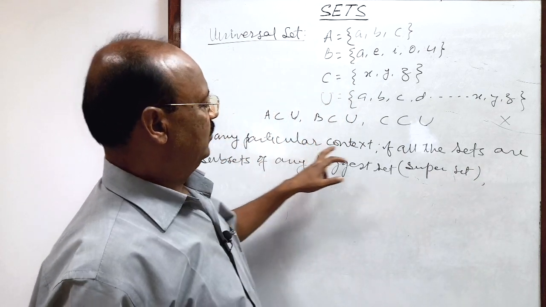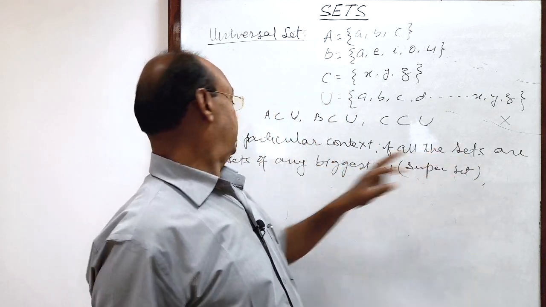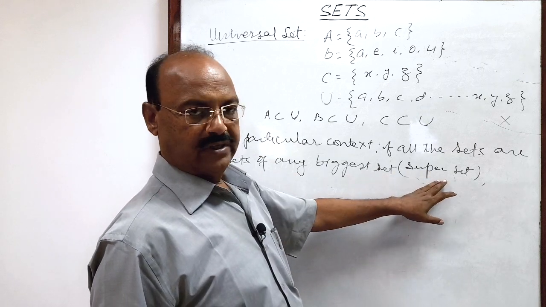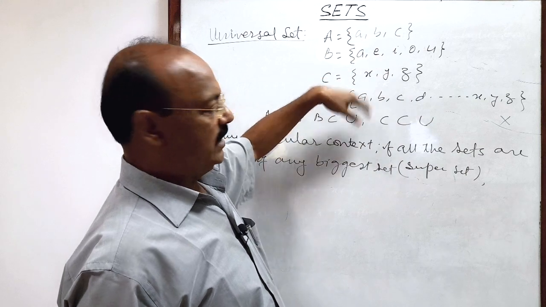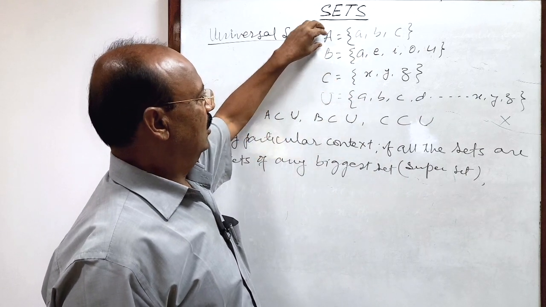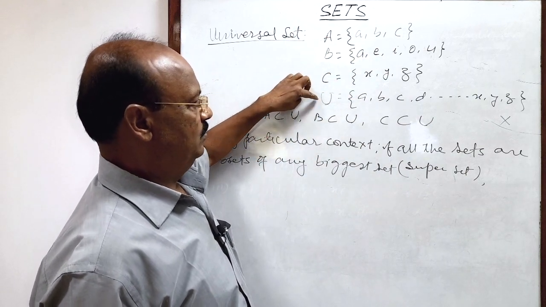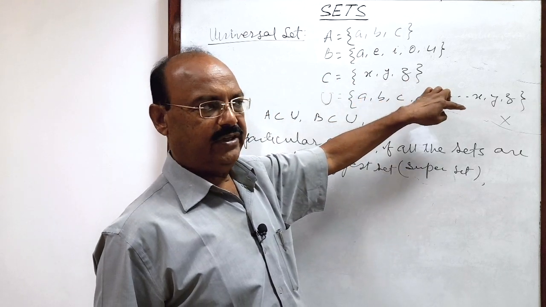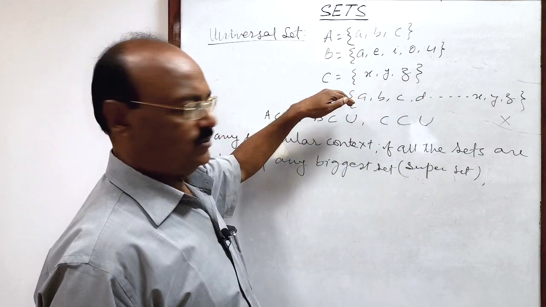In any particular context, if all the sets are subsets of any biggest set or superset, it is clear with the help of this example. All these sets are subset of this biggest set, which is the set of all the letters of English alphabet, or you can say this is superset also.